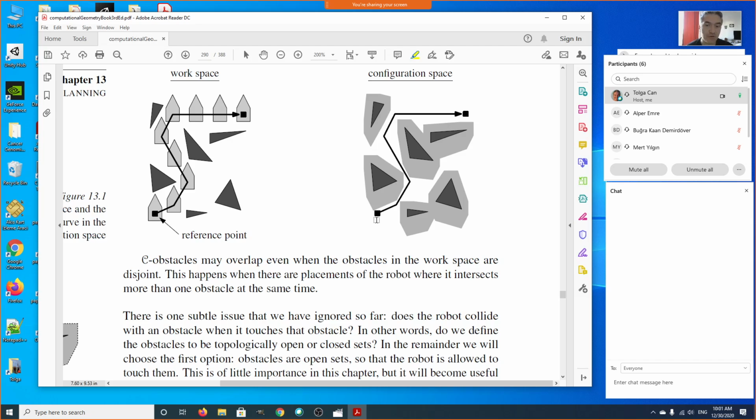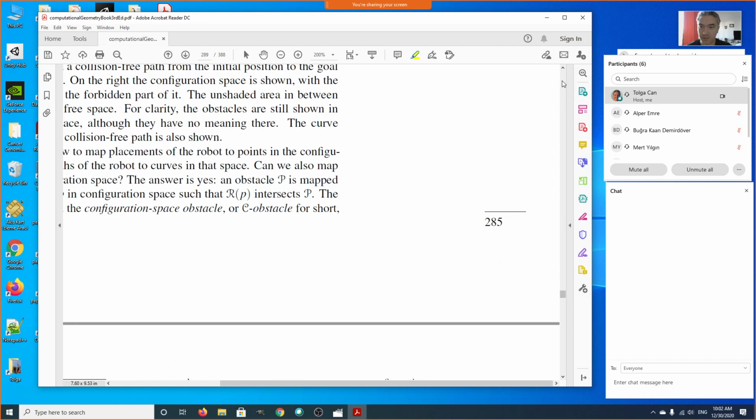We cannot have our robot have a configuration that is inside this shaded region, because that configuration results in a collision of our robot with some obstacle. All right, so this is the free configuration space, and the forbidden configuration space. So this is the distinction between workspace and the configuration space.